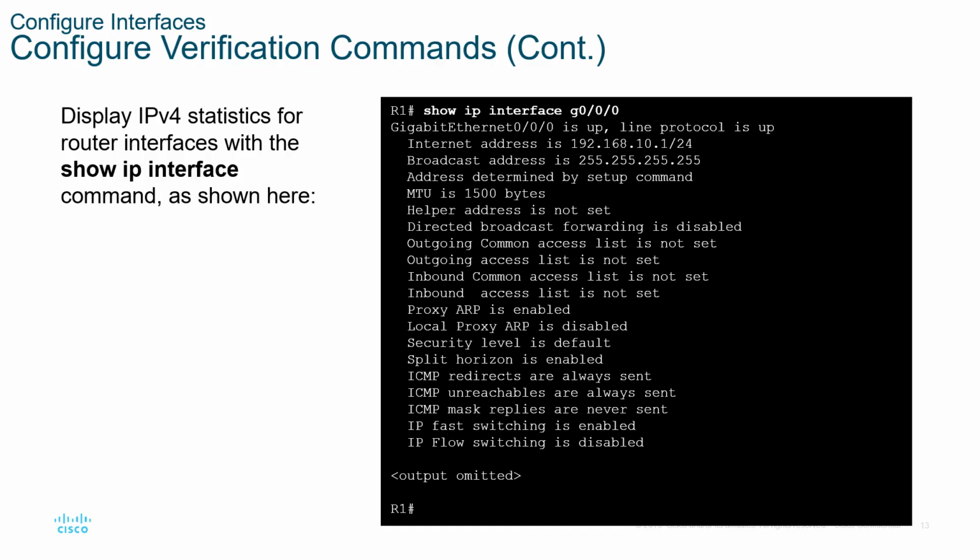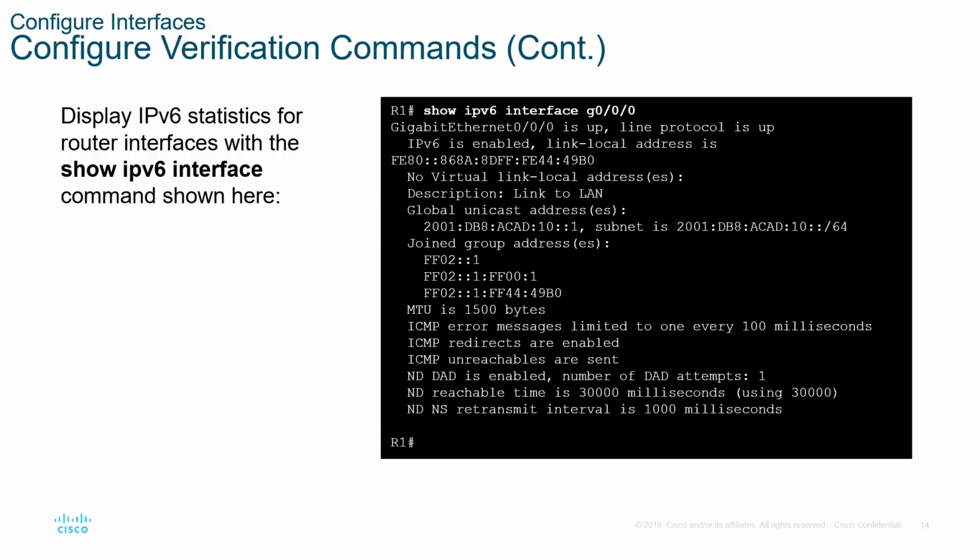It tells you the MTU that we just talked about. And it tells you that fast switching is enabled, IP flow switching is disabled. So just different things that you can learn. And same thing for IPv6.